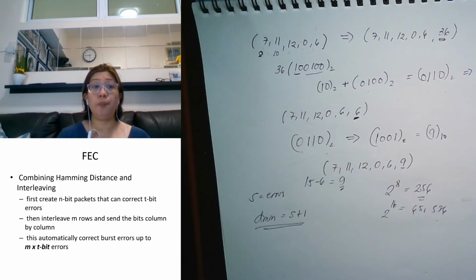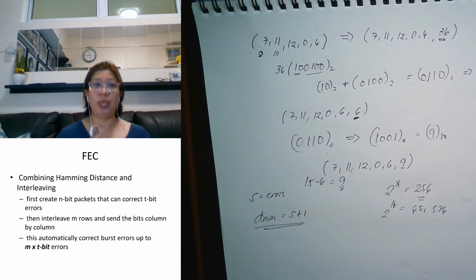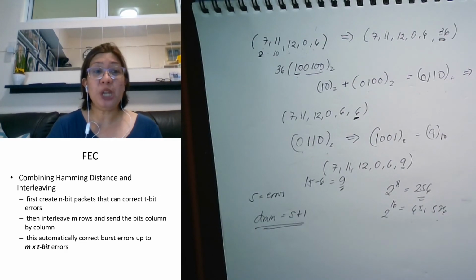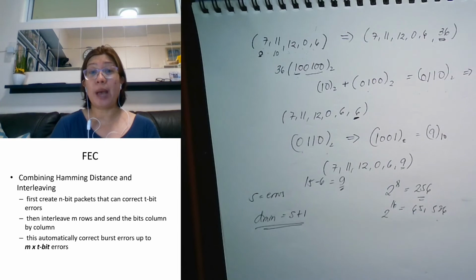First, you have to create n-bit packets that can correct t-bit errors. The n-bit packets are from the interleaving, and the t-bit errors are from the Hamming distance. Then interleave M rows and send the bits column by column.